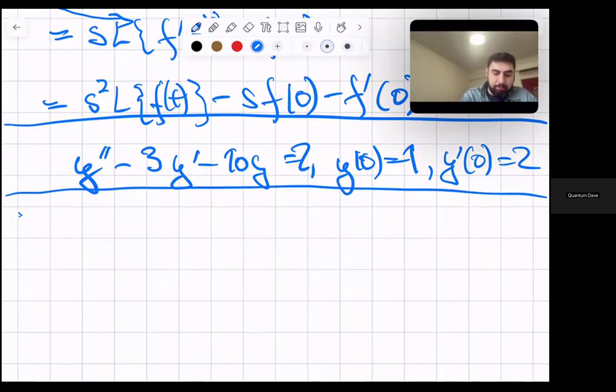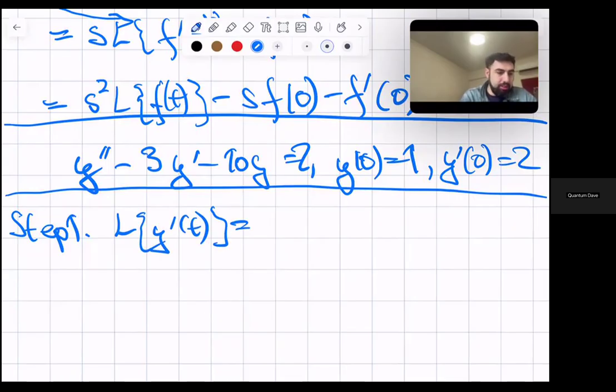So step one is to take the Laplace transformation of the equation on both sides. Okay. Now, once we do that, what do we get? So we know that the Laplace transform of the first derivative is s times Y(s) minus y(0).